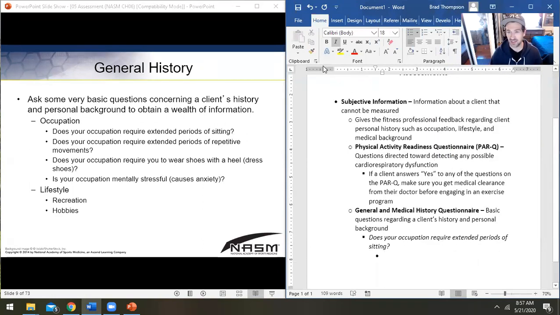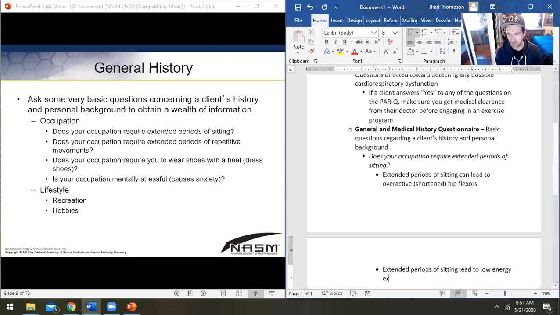We ask questions like that because extended periods of sitting can lead to overactive or shortened hip flexors. We know that extended periods of sitting lead to low energy expenditure, right?